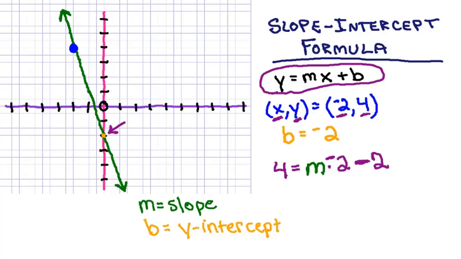Okay, so to solve this, we have to get the m all by itself on one side of the equal sign, and all the numbers put together on the other side. So we need to start with this minus 2 first. In order to get this 2 on the other side of the equal sign, away from the m, we need to add plus 2 to both sides.